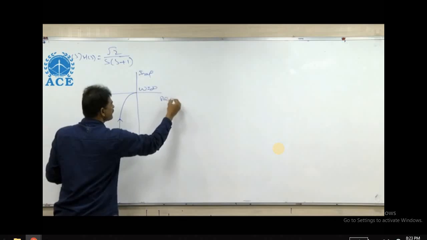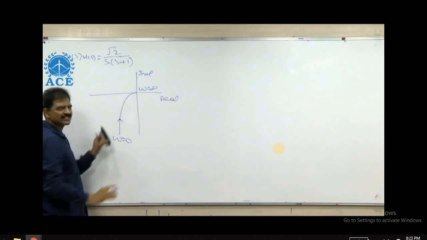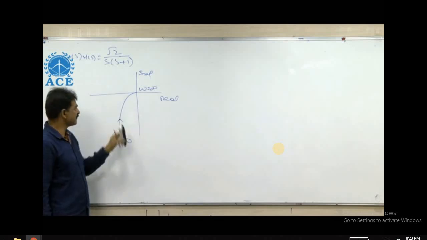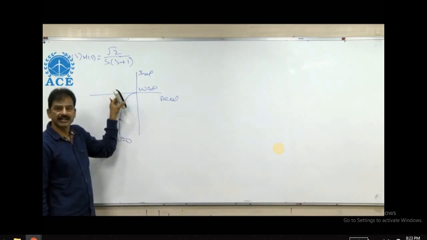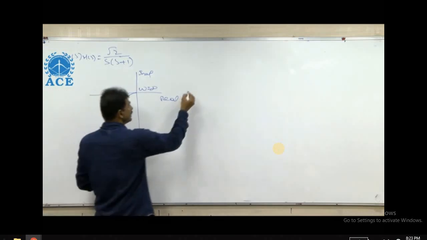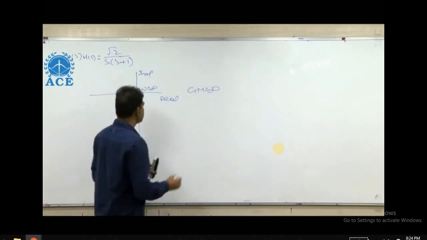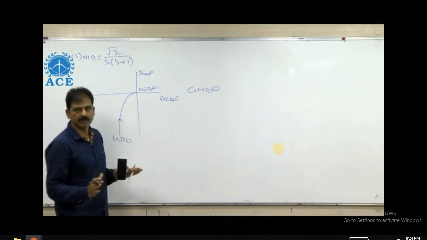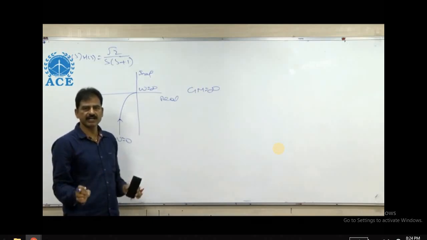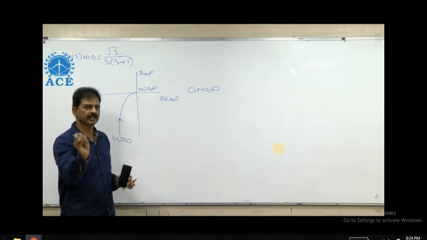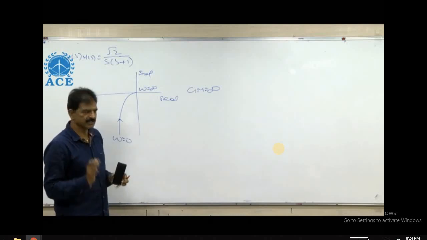And the Nyquist plot is not intersecting the negative real axis. Whenever the Nyquist plot is not intersecting the negative real axis, gain margin will be infinity. The point of intersection of the Nyquist plot with the negative real axis doesn't exist. Whenever that is not existing, the gain margin of the system is infinite.